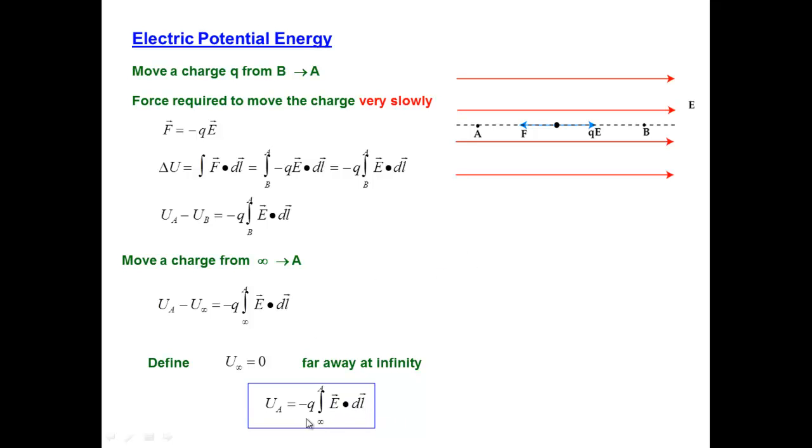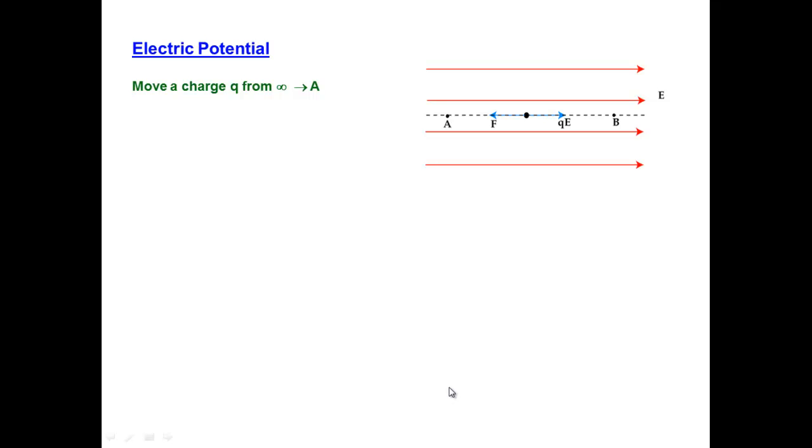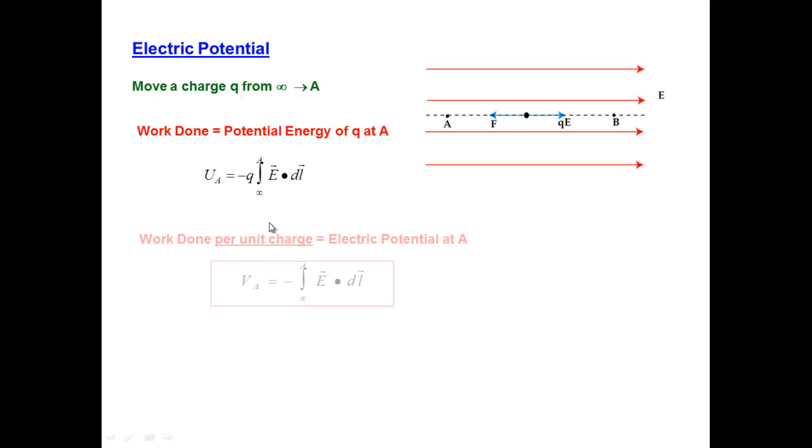Now, what is that quantity, that integral quantity? It's interesting because in terms of the units, it's equal to the potential energy per unit charge that the charge has at point A. And as a result of that, we will often define that quantity to have a certain kind of meaning. As I said, it's the work done or the potential energy per unit charge.